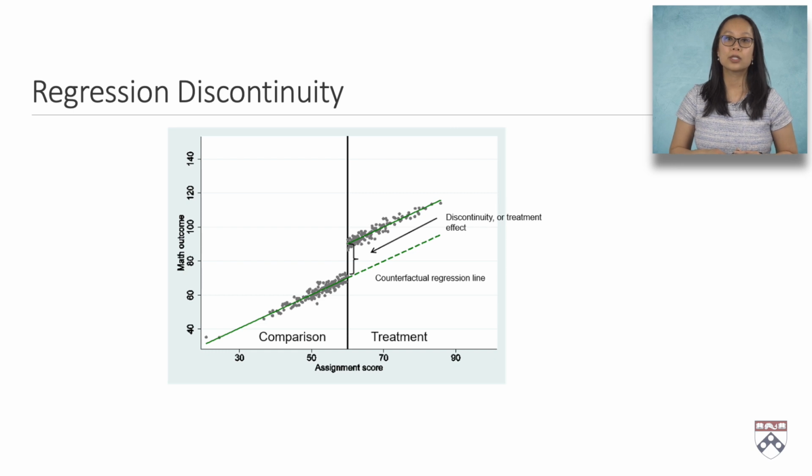So here, the regression discontinuity design essentially assigns individuals to a treatment or comparison group based on where their values of the assignment score lie in relation to the cutoff. And that gap that you see between the treatment and the control group, or the discontinuity, is a representation of the effect or the impact of receiving the treatment based on this discontinuity design.